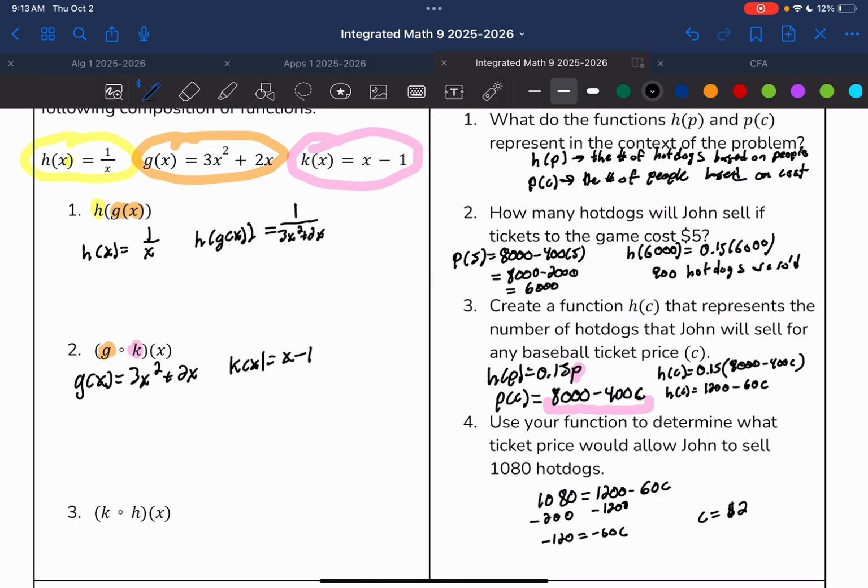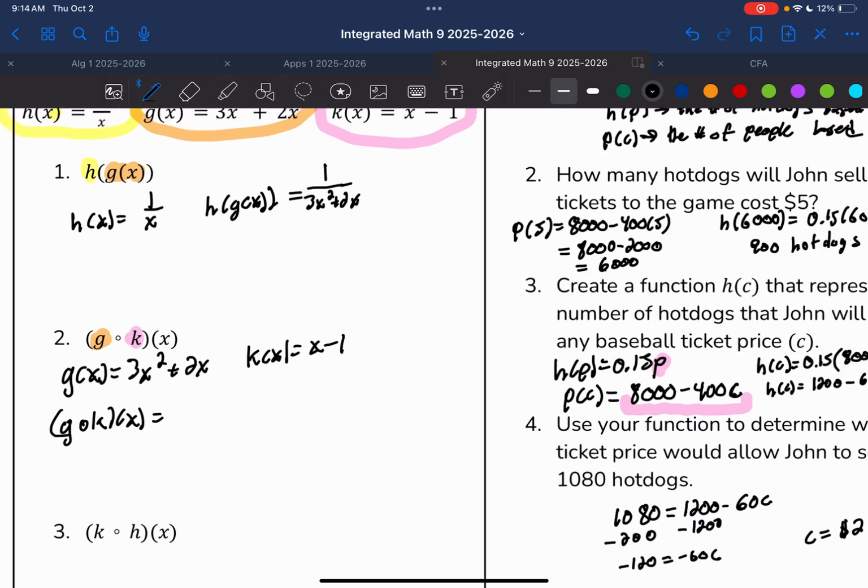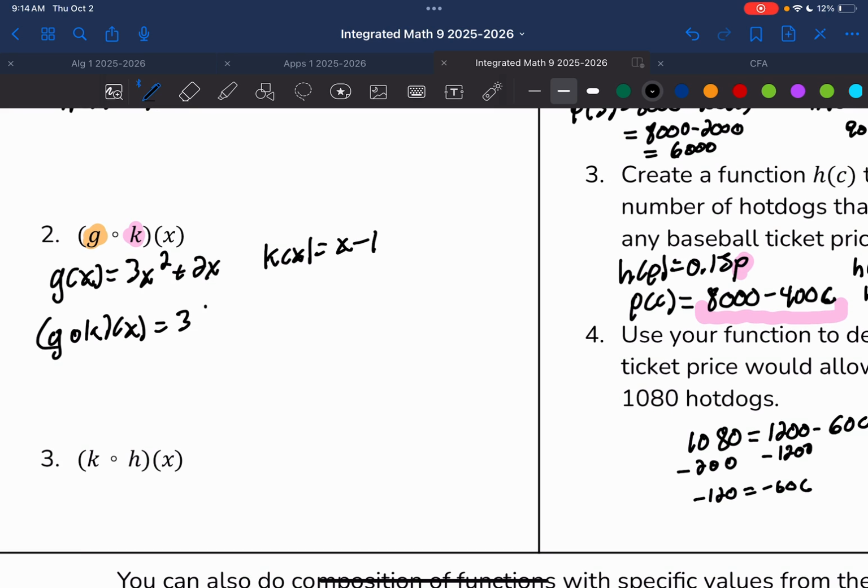That means that we're going to write g of x, but everywhere where we see x, instead of writing x, we're going to write the function k of x. So the function k of x is x minus 1. So that's going to become 3 times x minus 1 squared plus 2 times x minus 1.